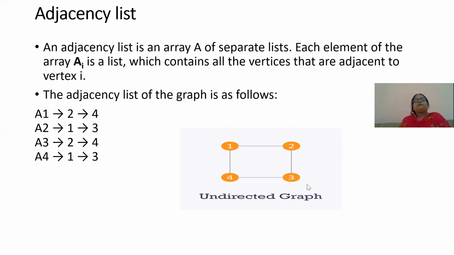Similarly, A3 is the array of vertex 3, its adjacent are 2 and 4. And A4 is the array of vertex 4 and its adjacent are 1 and 3, and so on.